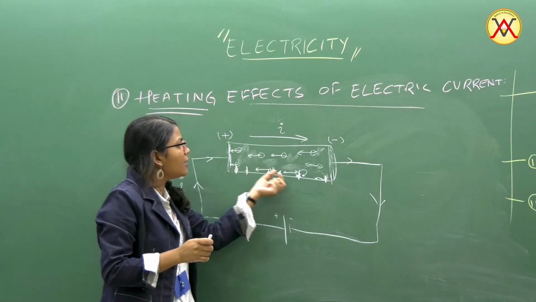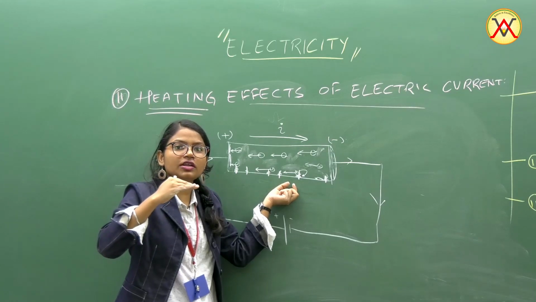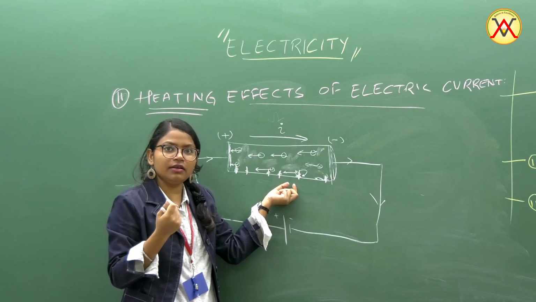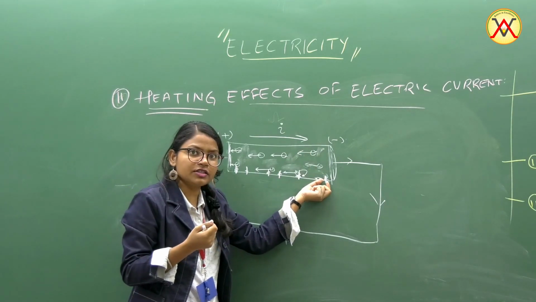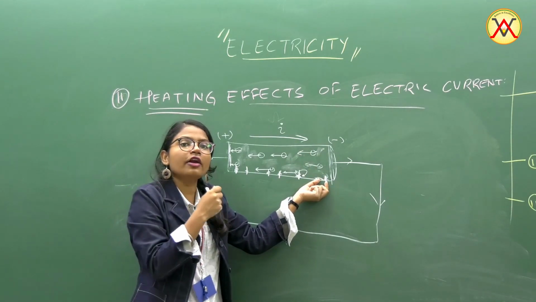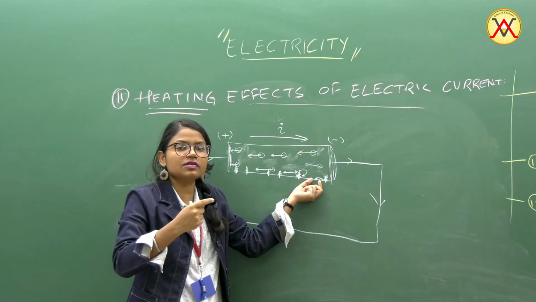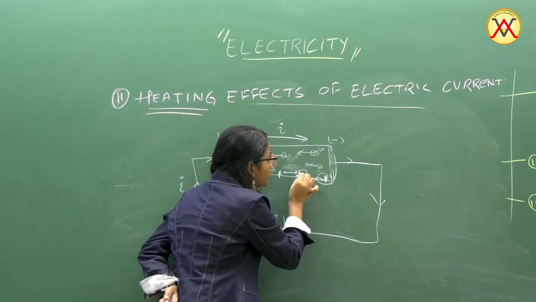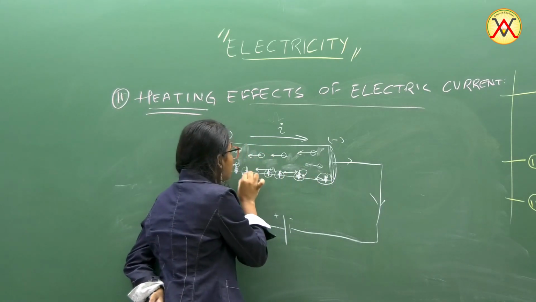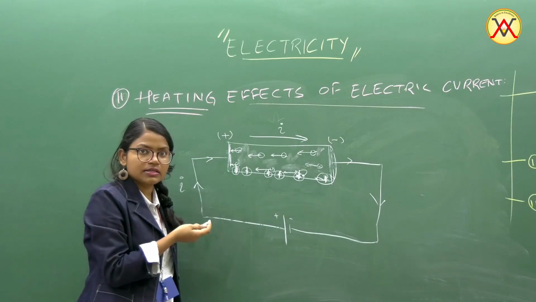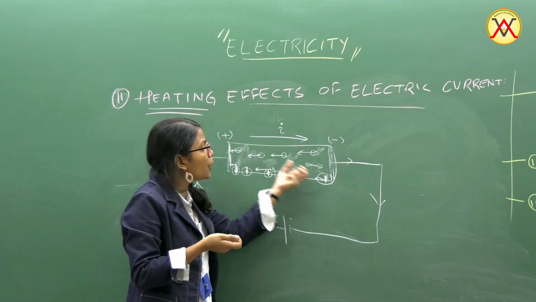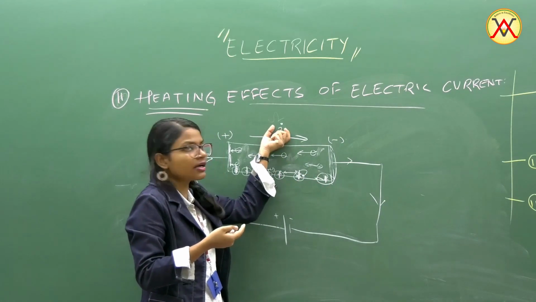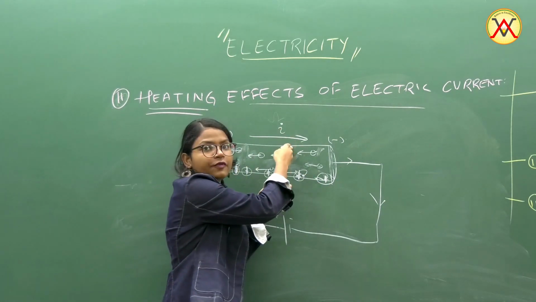Now, when they are vibrating at their own position, that means they have gained some kinetic energy. And we have already studied that kinetic energy inside any body or for any atom is always associated with its temperature. Once the kinetic energy of these colliding atoms or electrons increases, the temperature of the whole conductor starts increasing, and we say that our electric current has shown a heating effect.